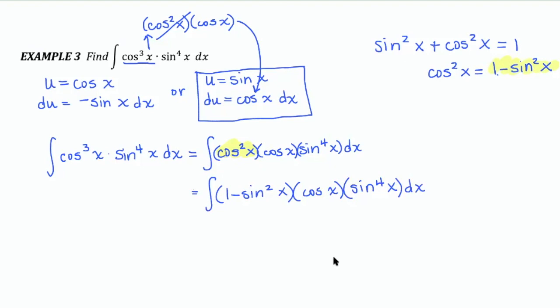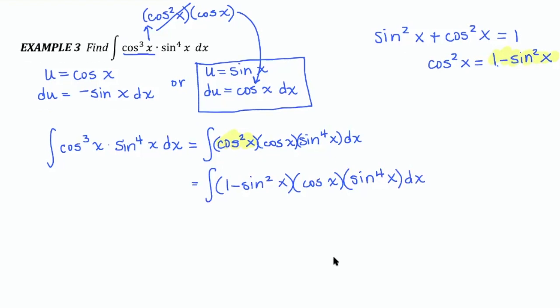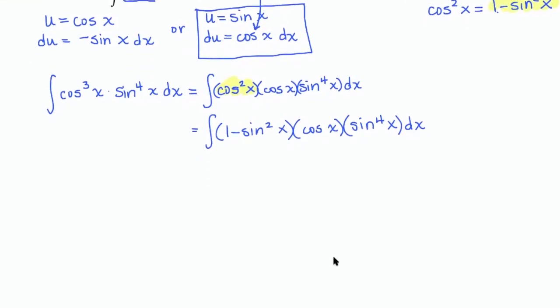Now, it may not seem like that's a step in the right direction until you go back and consider the u and the du that we thought of in the first place. If I let u be sine, let's see where that leaves me. I would have 1 minus, since this is sine squared of x, u squared.